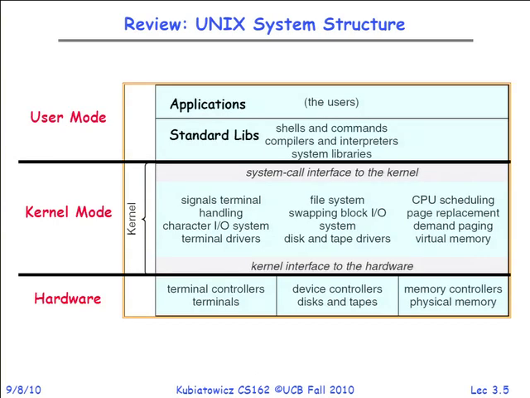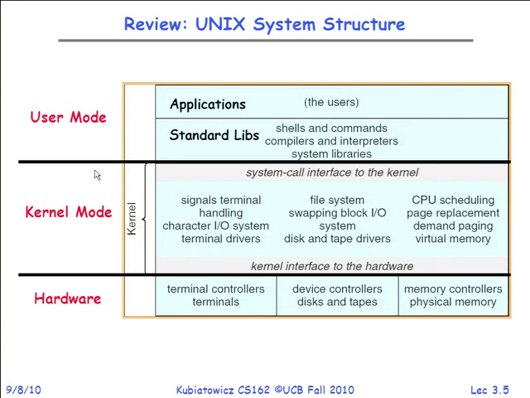So to finish up our discussion that we didn't finish at the very end last time, this is a picture I've showed you a couple of times already in this class, which is the basic UNIX system structure. And what you see here is it's pretty much bi-level. There are two levels: user mode and kernel mode.